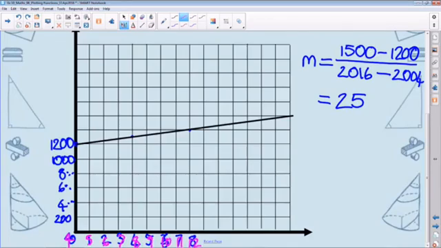At 12, that means this coordinate represents what's happening in year 2012. How many extra students do we have? Well, our graph is telling us we now have a total of 1,400 students. The coordinate is still 8 and 1,400.